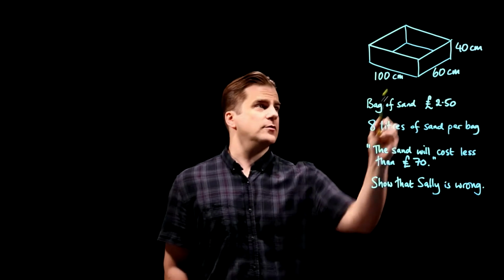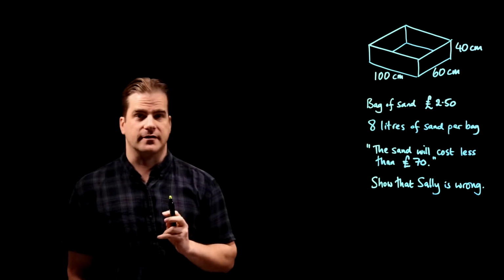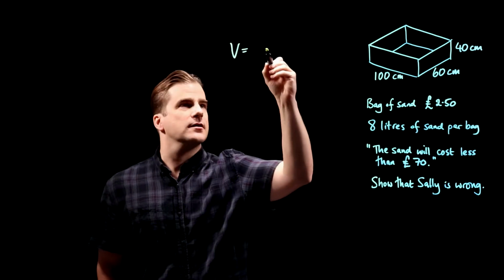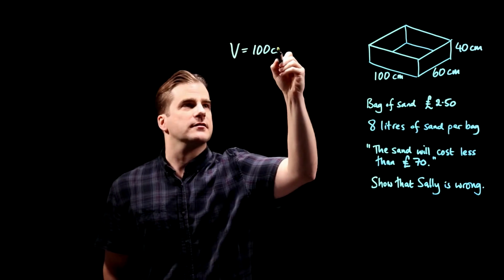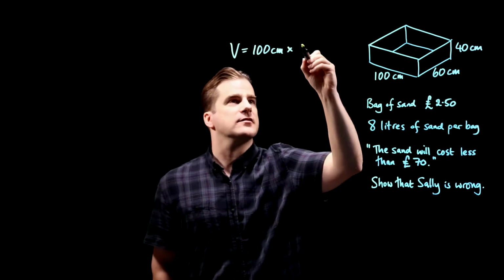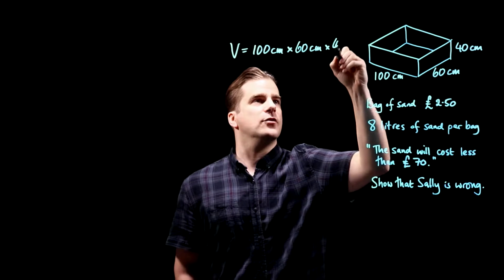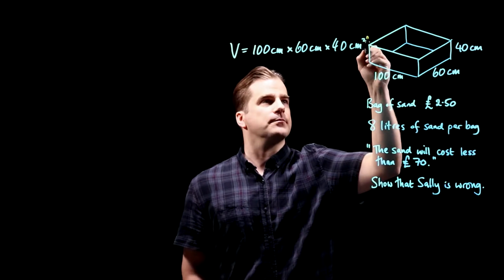The first thing to do is work out the volume of the sandpit. So volume is 100 centimetres times 60 centimetres times 40 centimetres.